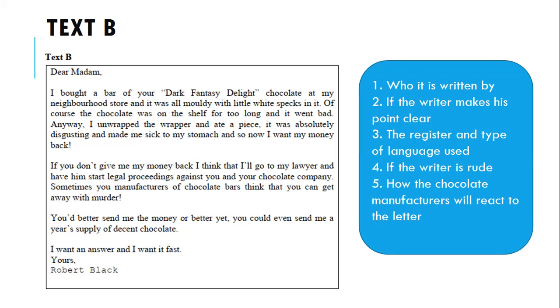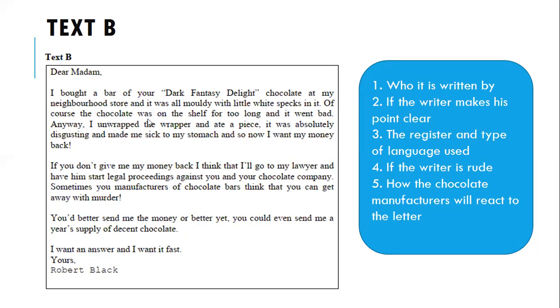As in my dictionary, moldy means an expired chocolate. Expired chocolate. Okay. With little white specks in it. So the chocolate or the things Robert Black purchased is not in a good condition, right?